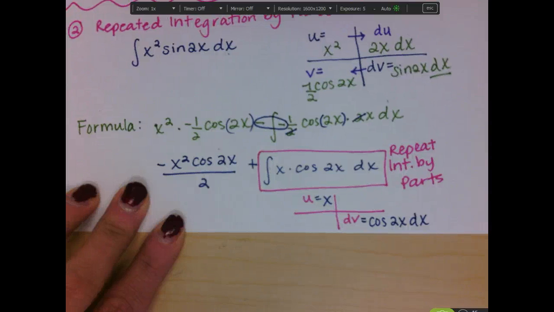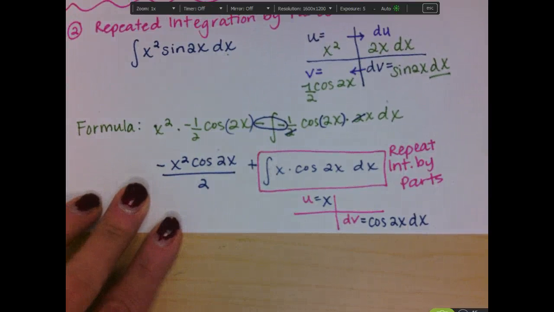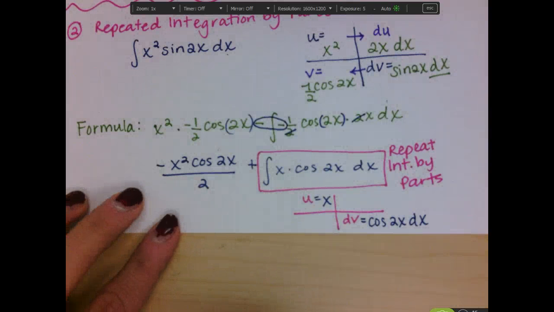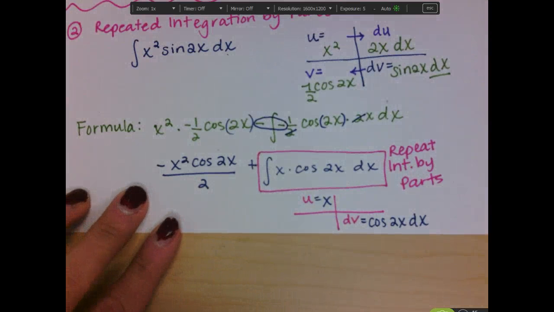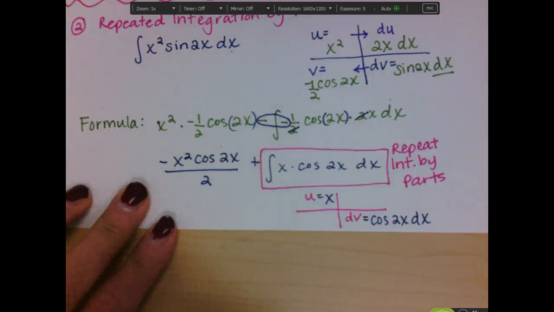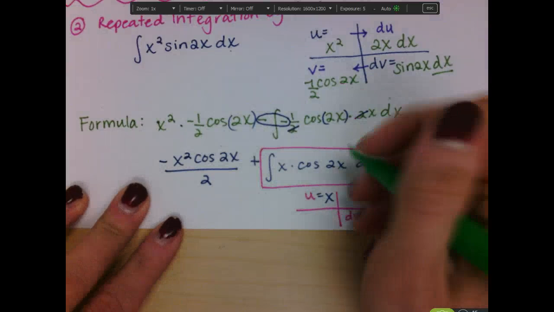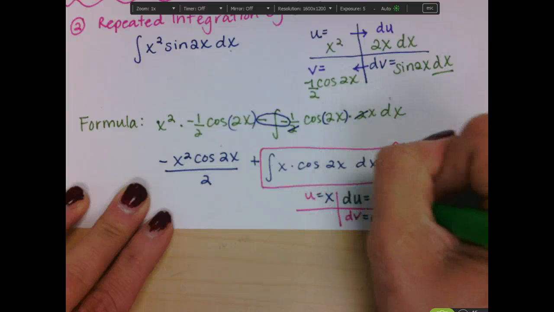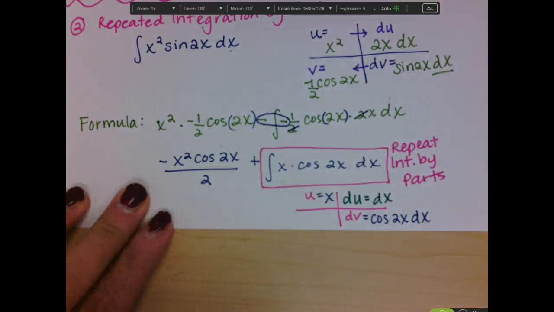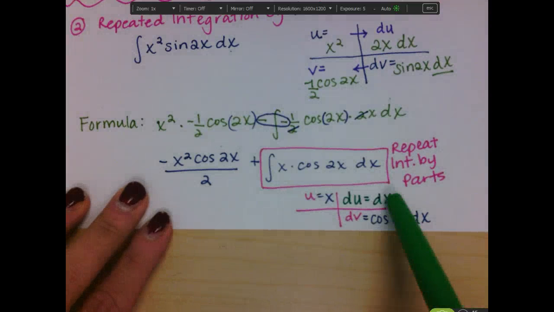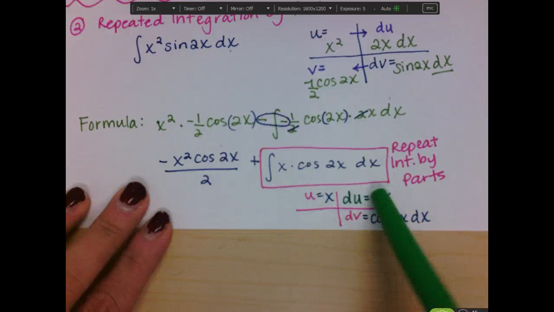Okay, so I'm going to let x be my u, which means that dv has to be the cosine of 2x dx. Let's find the derivative and the antiderivative. du is going to be 1 dx, which is actually really helpful. Whenever that happens, you know you're on the right track.